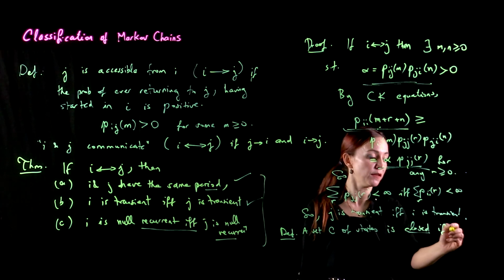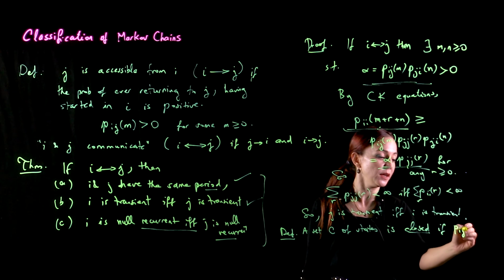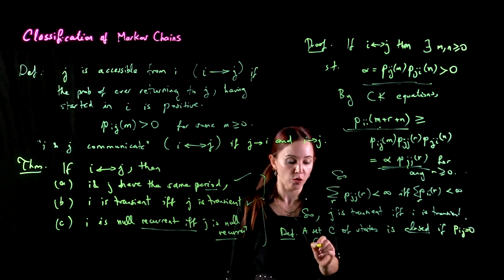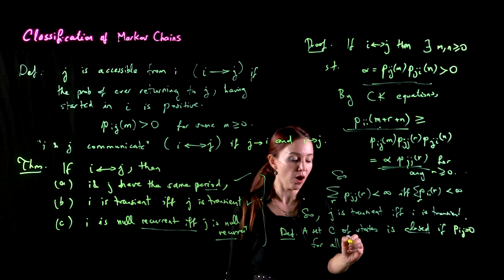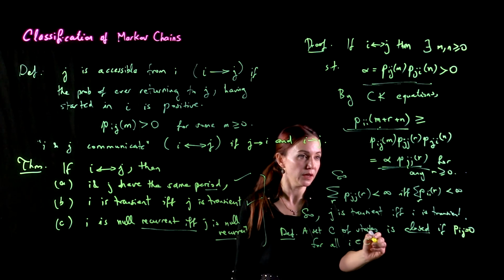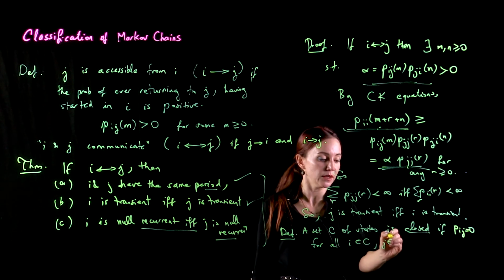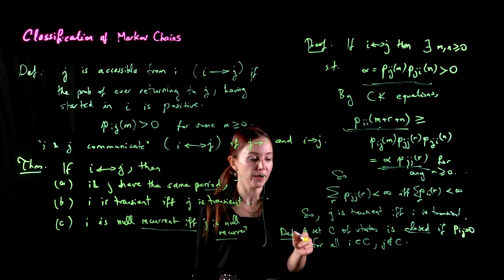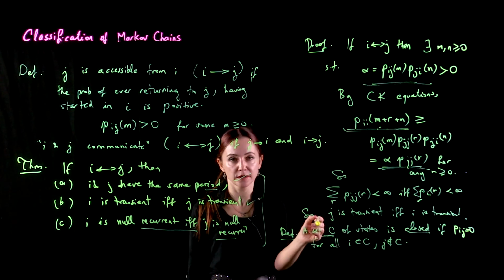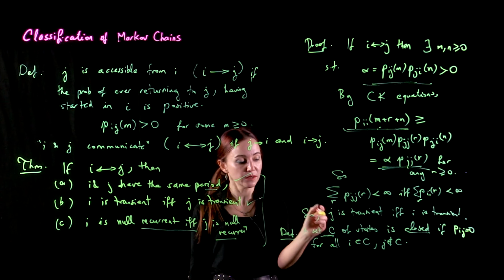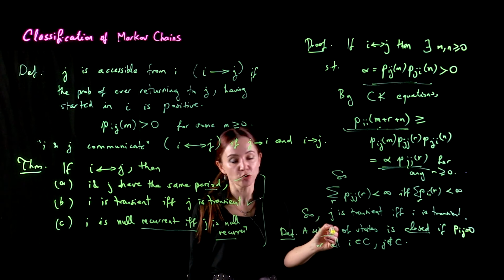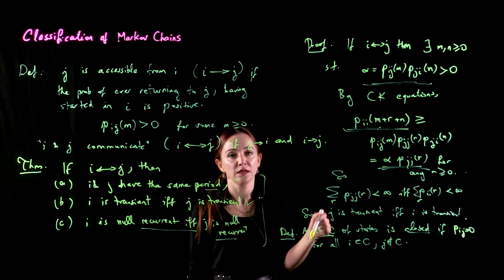In other words, Pij is 0 for all I in C, J not in C. So when I leave a state in this set, I go to another state in the set.